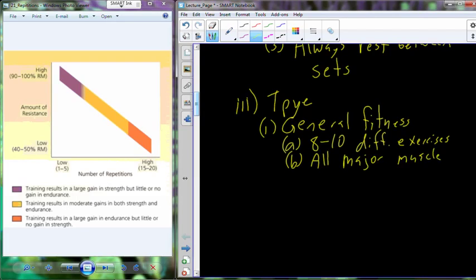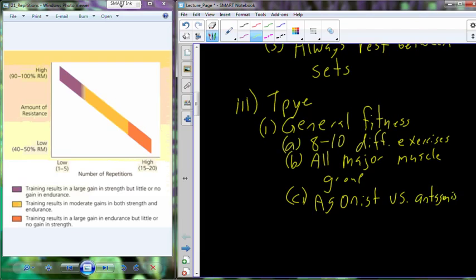So we want to start with exercises that involve larger numbers of muscles. We want to make sure that we work both the agonistic and the antagonistic muscles.